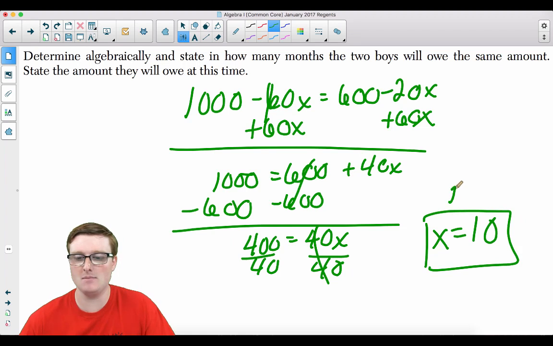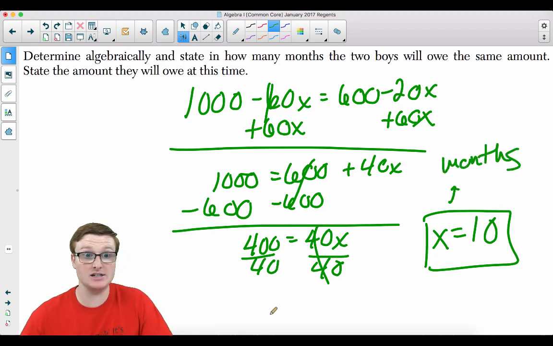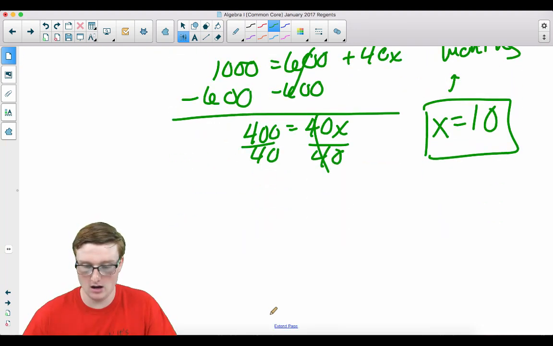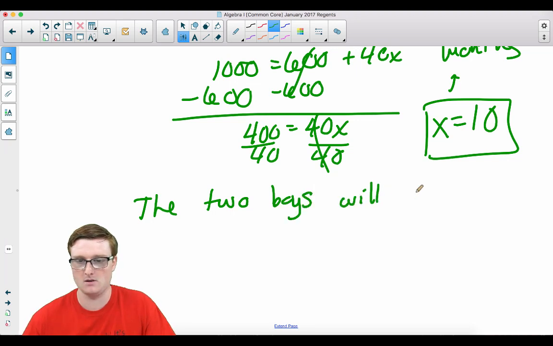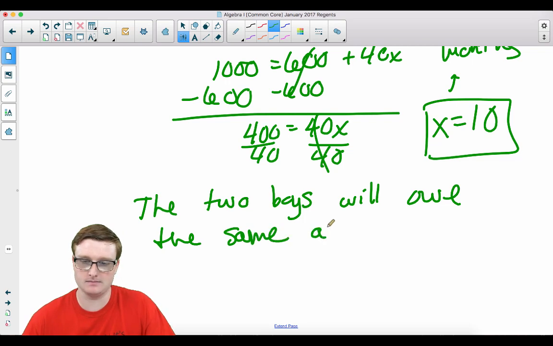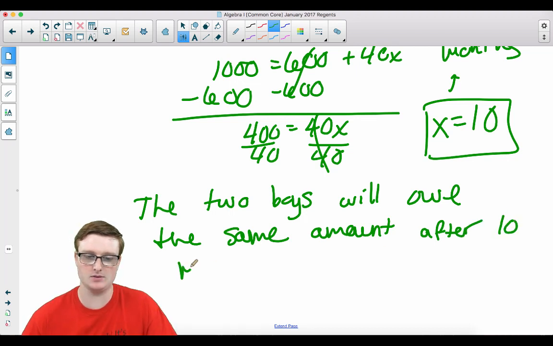Now that's the amount of months. Okay? But it says here, state the amounts that they'll owe. So we're going to say that the two boys will owe the same amount after 10 months.